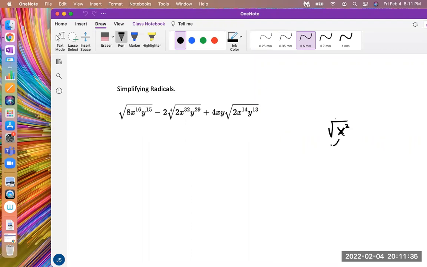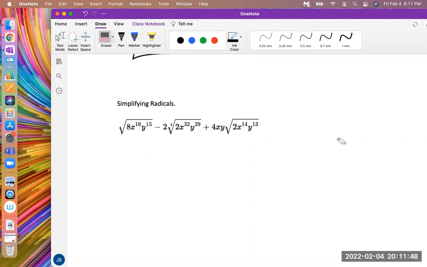So what I end up doing is pulling an x squared out to the front and it becomes an x. So it's no longer under the square and it becomes an x on the outside. So for every x squared or variable squared or prime number squared under the square root, I pull only one x out. So I basically have to half that number, right?